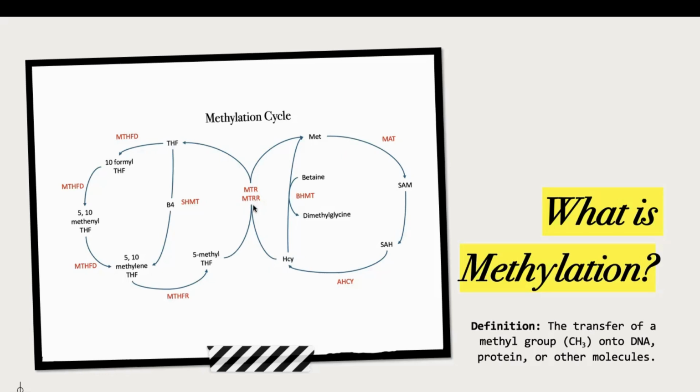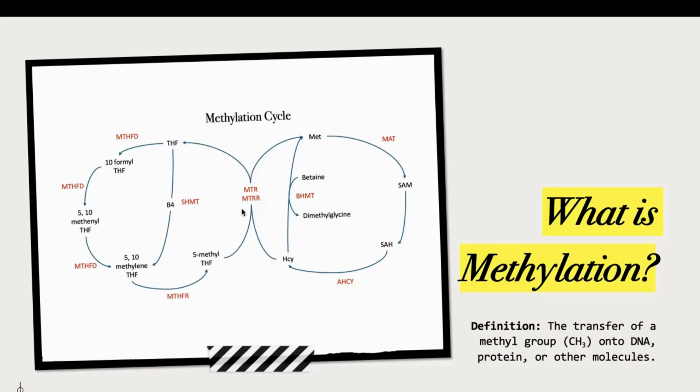It goes through these two genes, MTR and MTRR, and it gets to tetrahydrofolate here. We've got 10-formyl tetrahydrofolate, and then it goes through another couple of versions of folate and some more genes there. And then we get to MTHFR, which again, we will talk about a little bit later.